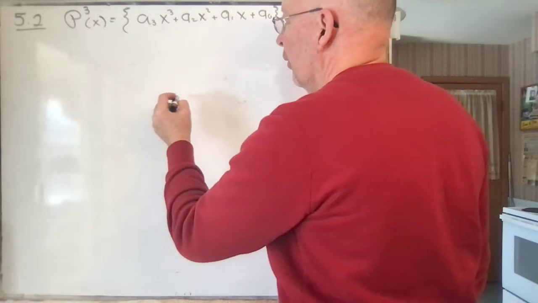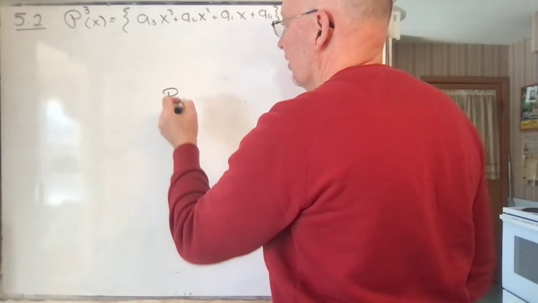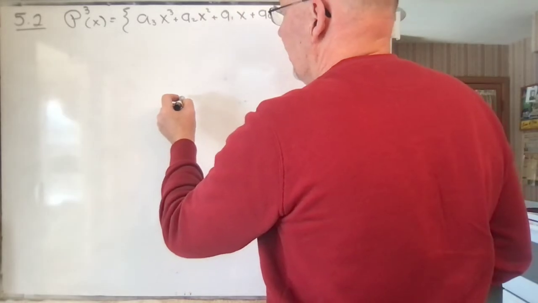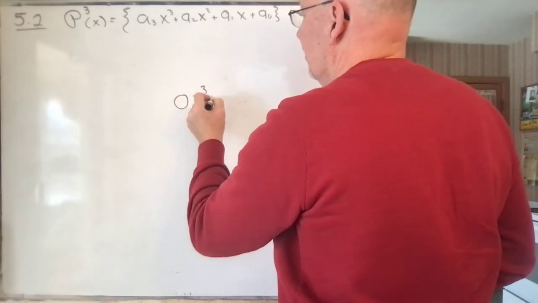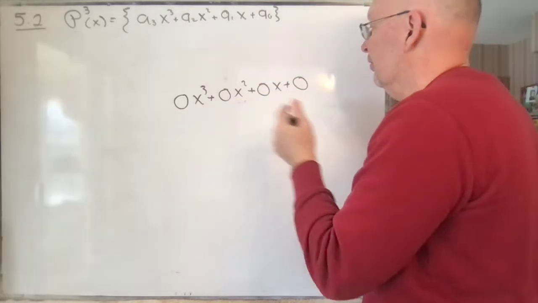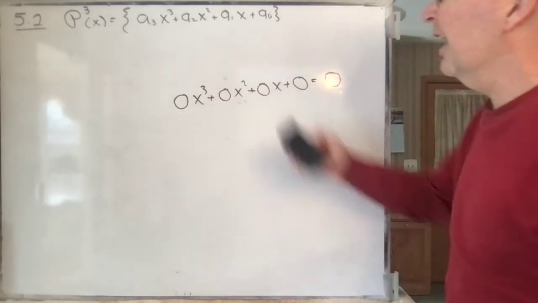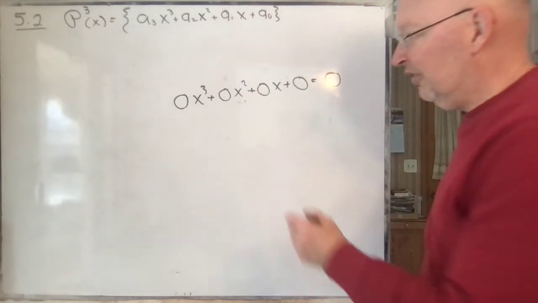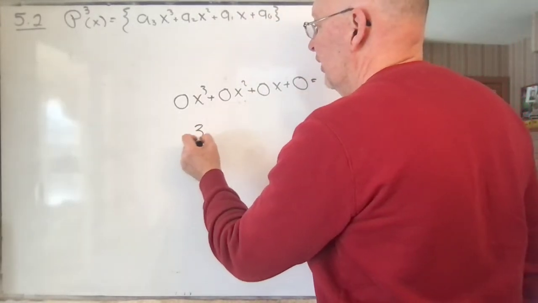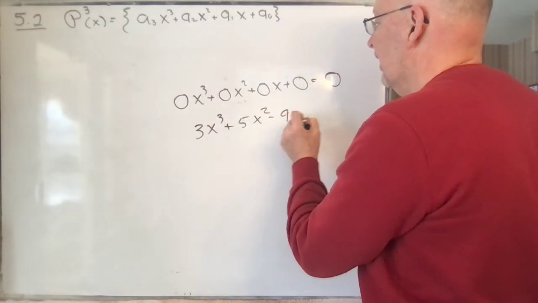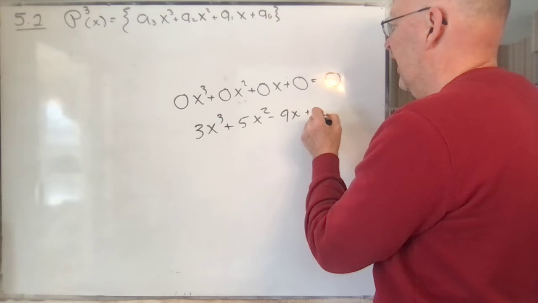There's a 0 element. What's the identity element? The identity element is just going to be the 0 polynomial: 0x cubed plus 0x squared plus 0x plus 0, which is just 0, right? If you add that to any polynomial, you get that polynomial back. What's the inverse of 3x cubed plus 5x squared minus 9x plus 5?